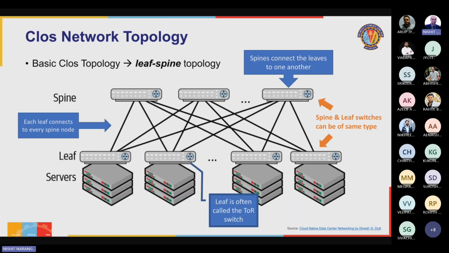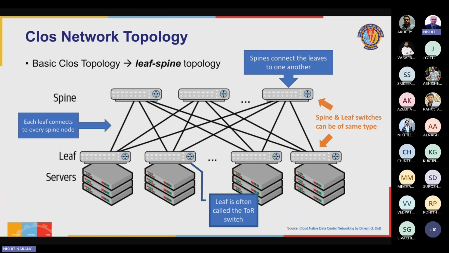The spine is a set of switches which connects to the leaf switches and thereby enables connectivity between servers across multiple racks. So it's a mesh architecture between leaf and spine switches, where the leaf and spine switches need not be of different types. They can all be of the same type.